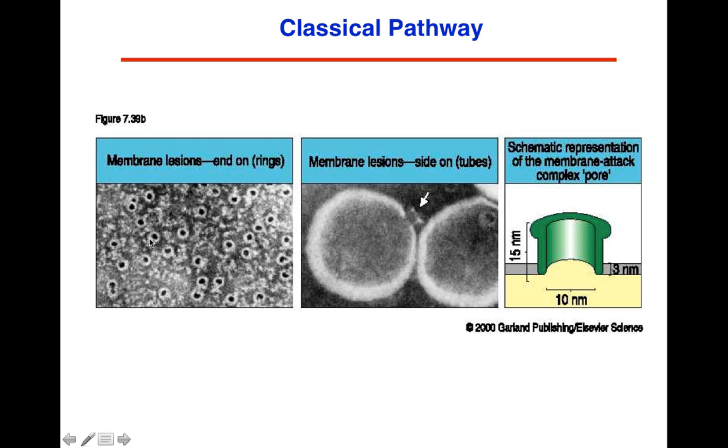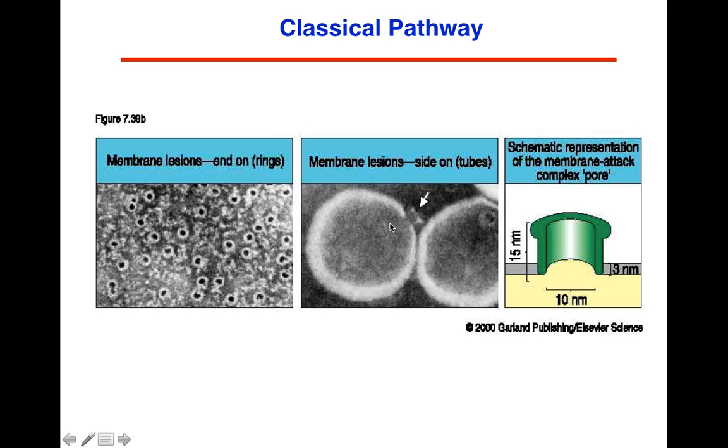So in this case, you can see here's a membrane of a cell, and you can see all these little MAC complexes that have been formed on the surface. They're basically little nanopores about 10 nanometers apart and about 15 nanometers high, and that will allow fluids to come in and out of them.